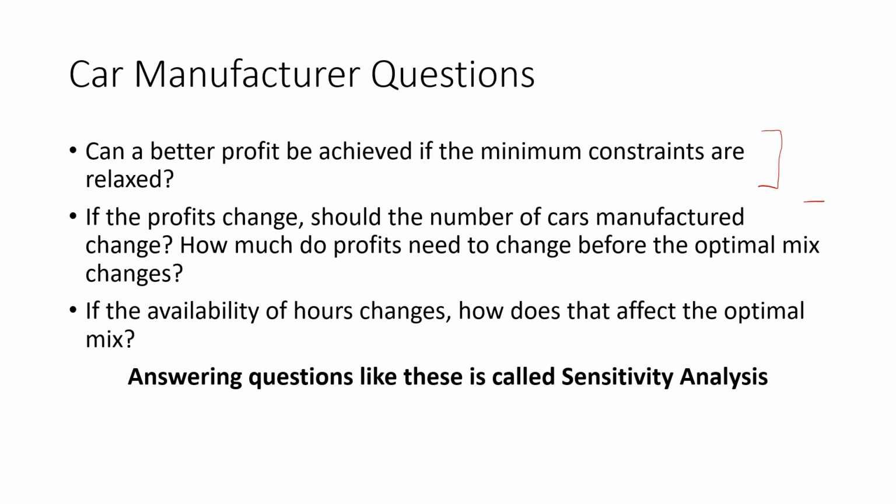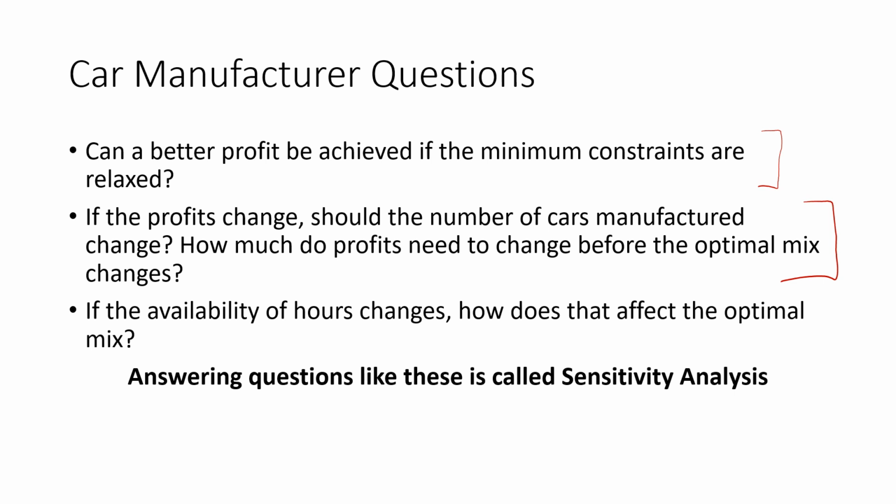If profits change, should the number of cars manufactured change? So in other words, if instead of making $100 on a car, suddenly economics change and I can make $120 on a car, or it changes that I can now only make $50 on that car, how is that going to change the answer? This is another sensitivity analysis.